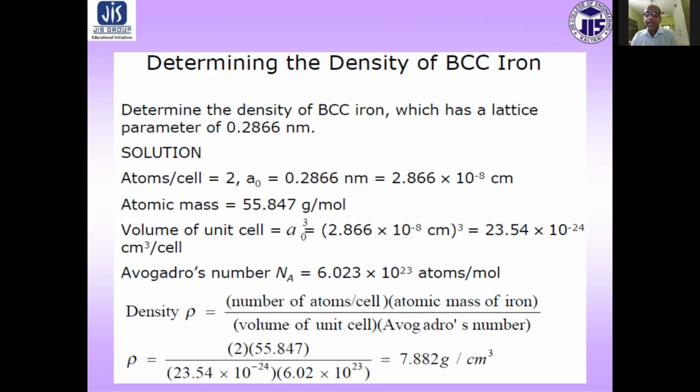The atomic mass is 55.847 gram per mole. We divide by the volume of the unit cell, 23.54 into 10 to the power minus 24 centimeter cube per cell, and the Avogadro number 6.02 into 10 to the power 23. Thus we calculate the density of BCC iron at room temperature as 7.822 gram per centimeter cube.